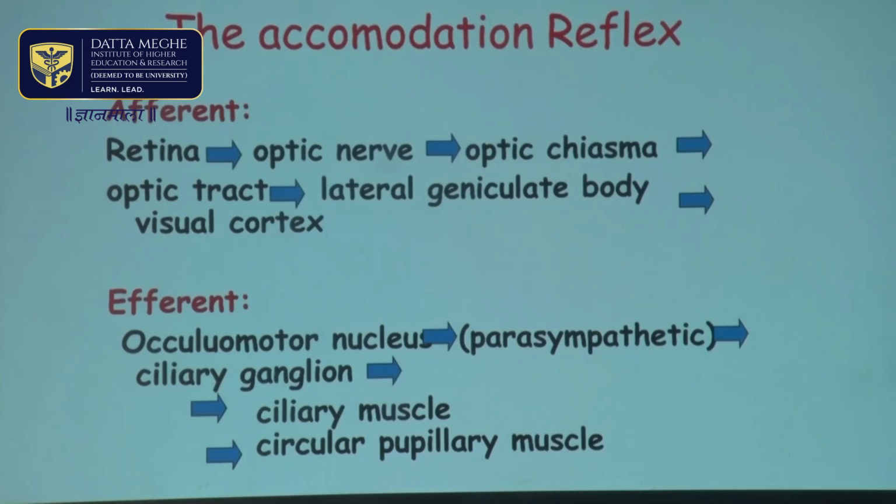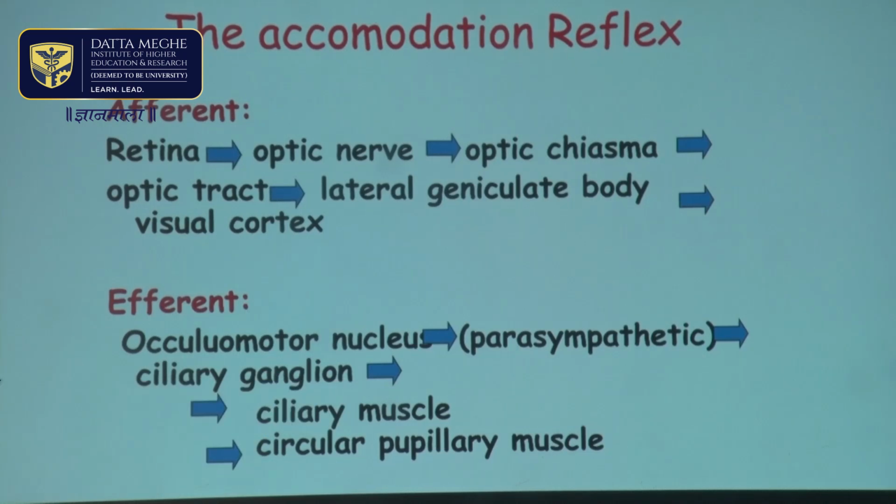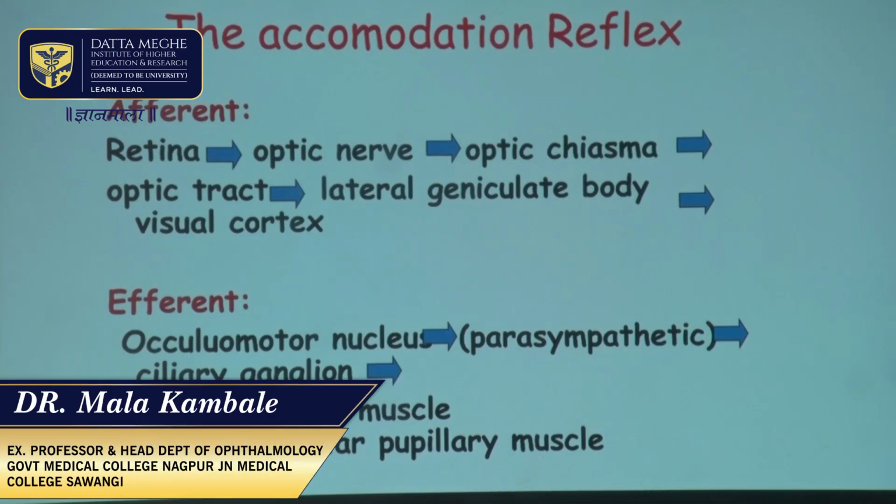The retina is stimulated, photoreceptors are stimulated, the signals go to the optic nerve, then to the optic chiasma, optic tract, lateral geniculate body, and reach the visual cortex. From the visual cortex, the signals go to the midbrain and to the Edinger-Westphal nucleus, and the impulses go via the oculomotor nerve to the ciliary muscle.